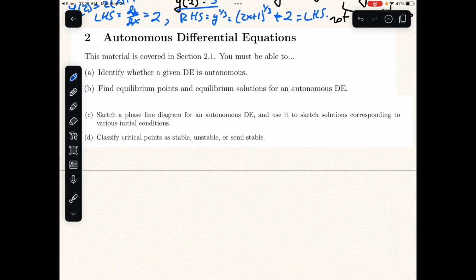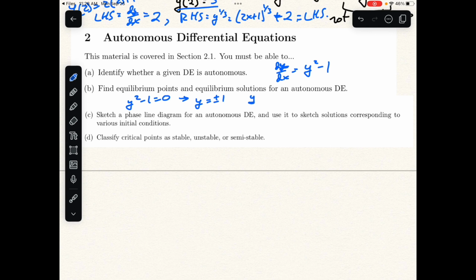Autonomous DEs are basically things that look like dy dx equals something only in terms of y, so maybe you get something like y squared minus 1. To find your equilibrium points and equilibrium solutions, you set this equal to 0 and solve for y. So in this case, you would get that y is equal to plus or minus 1, and those would be your equilibrium points.